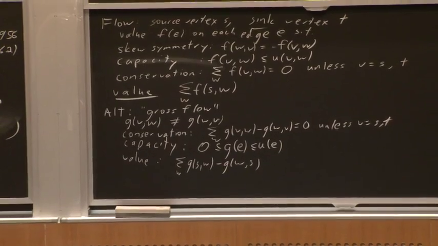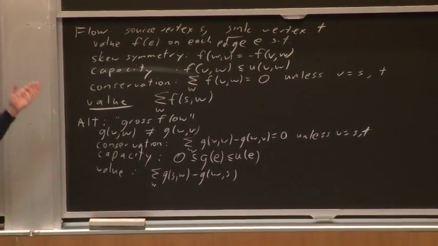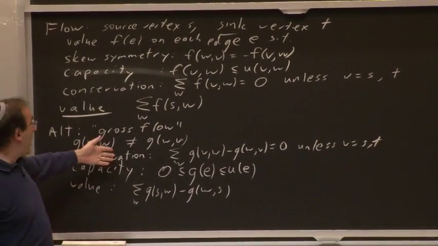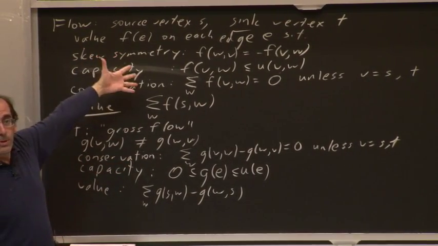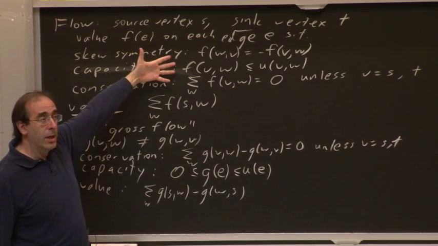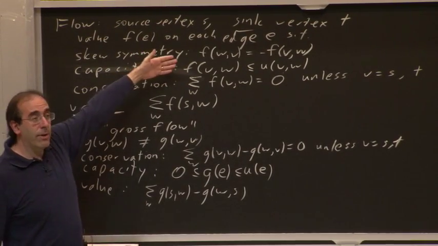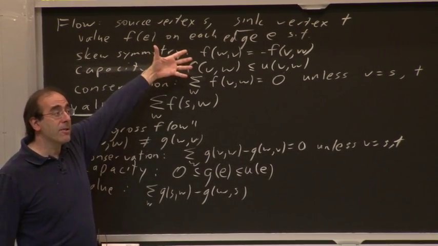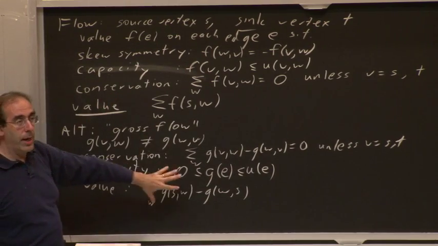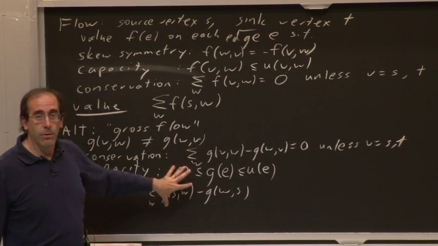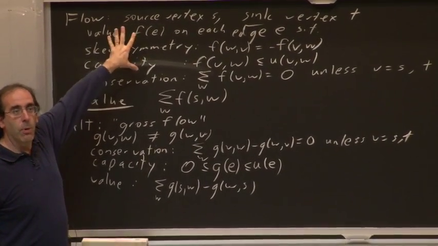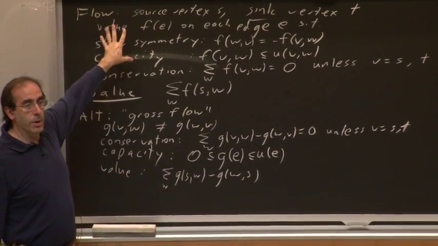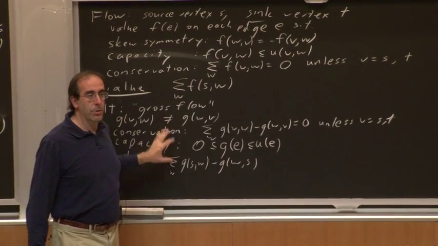Okay? It turns out that these are entirely equivalent definitions. If you have a gross flow, you can compute the net flow that it produces between various vertices and go from G to F. Alternatively, if you have a skew symmetric flow, you just take the positive parts of it, and that gives you a gross flow formulation. I'm going to use the skew symmetric one pretty continuously through the lecture, but this is sometimes useful for intuition.